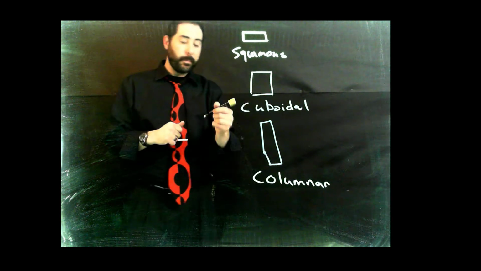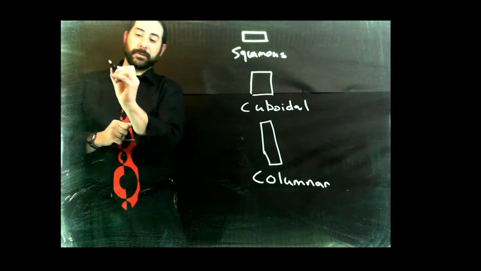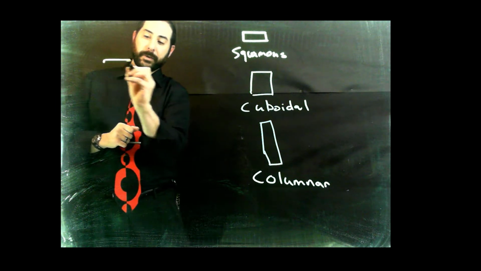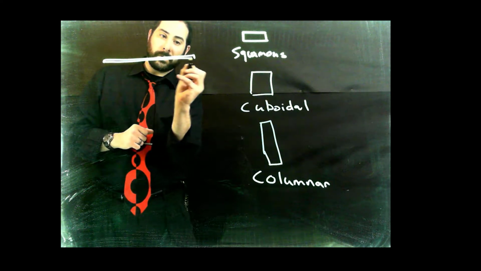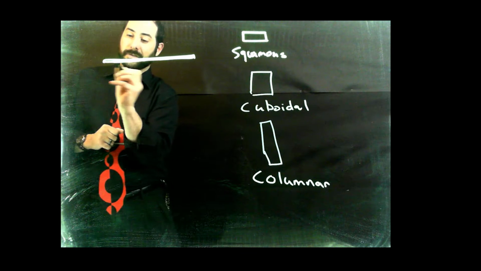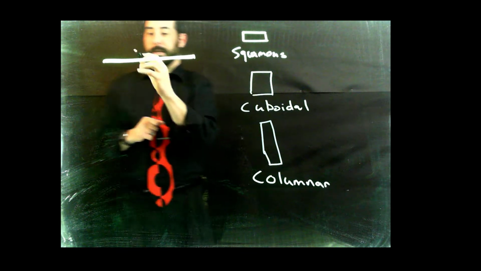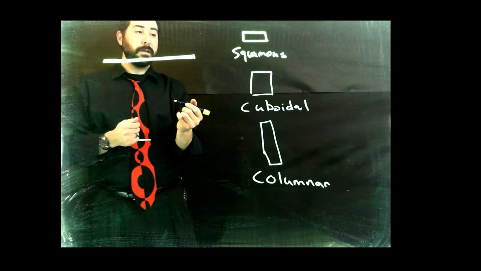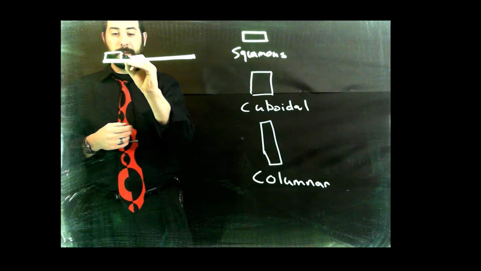The second component to it is depending on how many layers we have. To determine the layers, first of all, we're going to find what we call the basement membrane. And this is usually a long, dark colored substance on a stain. It's a little bit different than the others. And then if we were looking at something like a single layer, then it would just be like this.